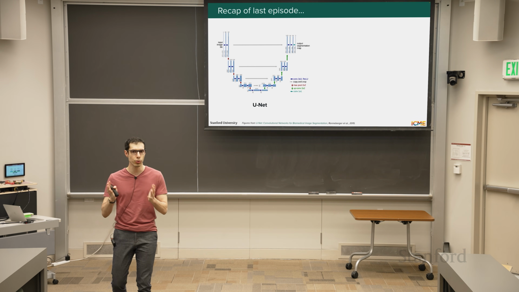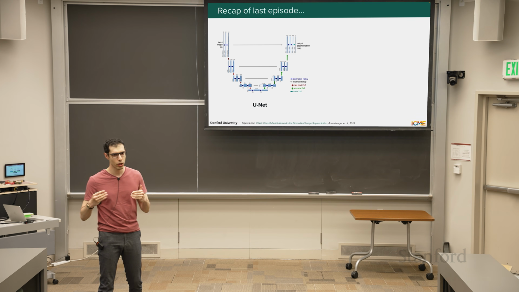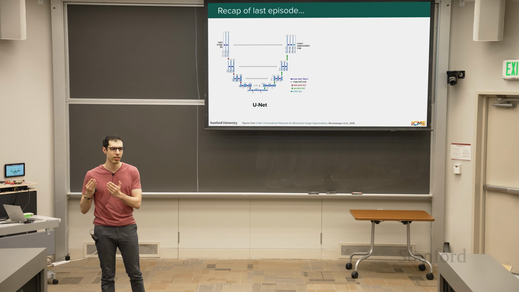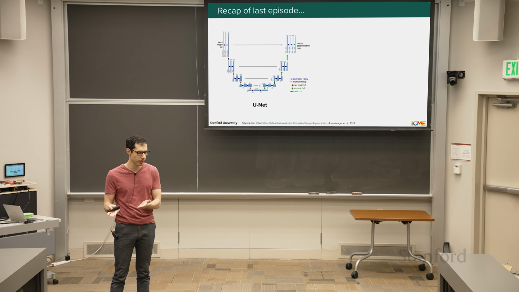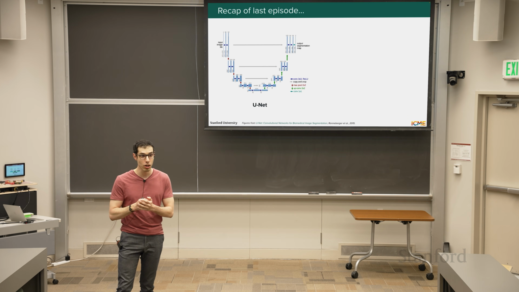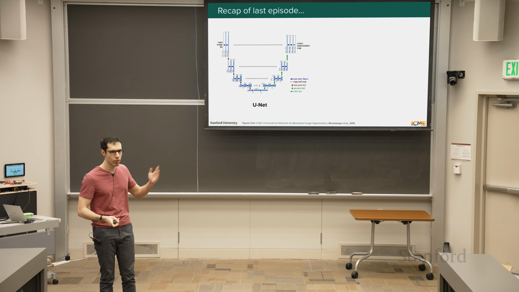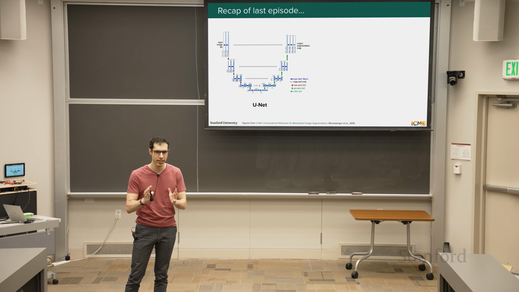And we saw that the UNet was relying on an inductive bias, which was reflected by the convolution operation, which is mimicking how humans look at pictures. And we saw that the UNet was composed of two main phases.